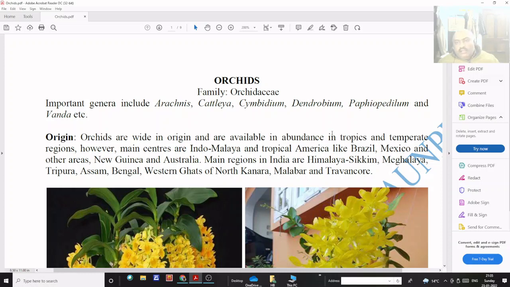Orchids are considered to have originated in different parts of the world, including the Indo-Malaya region and tropical America like Brazil, Mexico, and other warmer parts of the world. Some of the orchids have their origin in the Indian subcontinent as well.